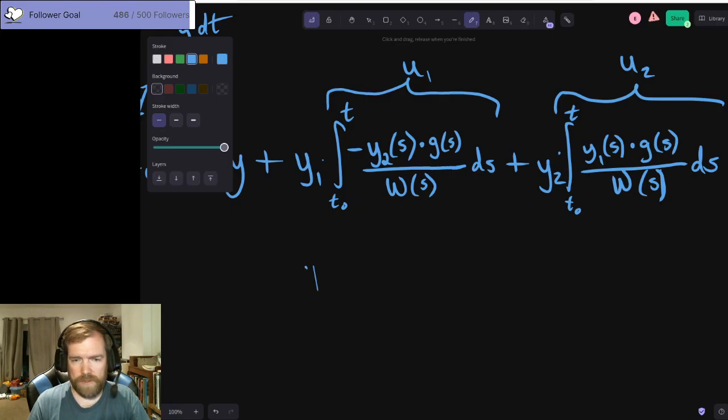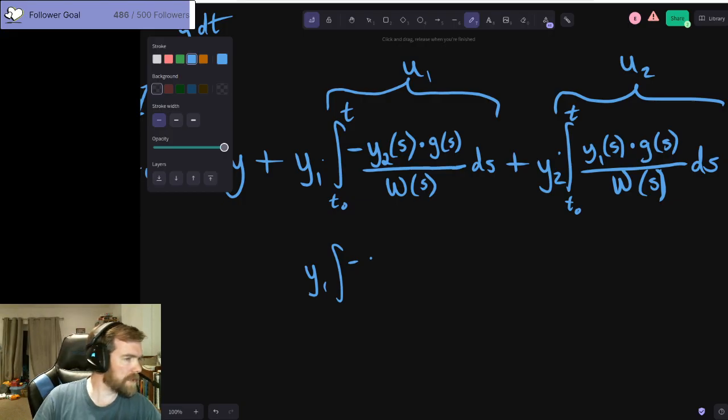But if we do look at this real fast, I'm not going to go all the way through, but nonetheless. This was going to be negative y2, which in our case was the cosine or sine. Oh, I think it did sine.